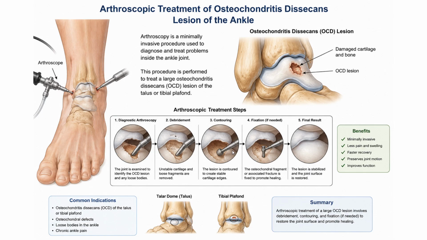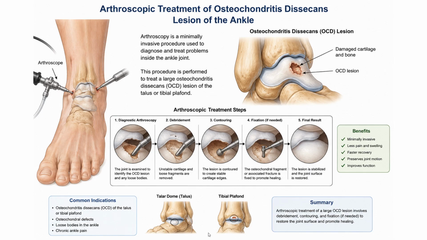Okay, so he is doing now contouring so that he will create stable cartilage edges, and he is fixing. Okay, he is fixing over here. Fixation is done if needed, and the lesion is stabilized and the joint surface is restored. Okay, so we already discussed the indications.